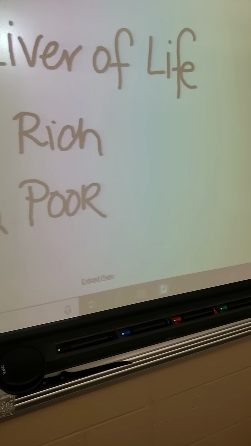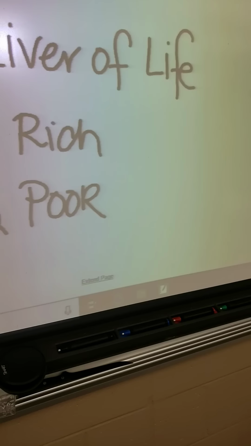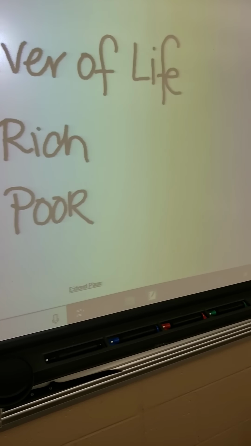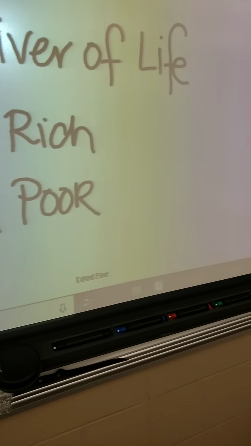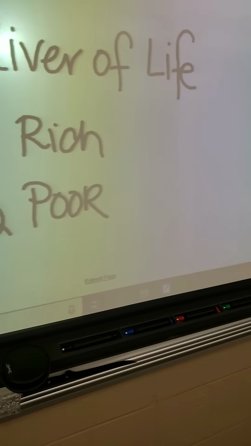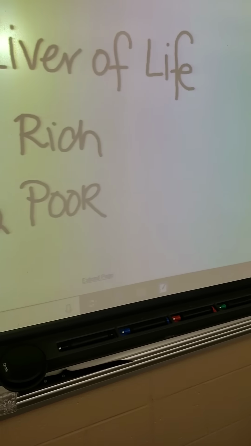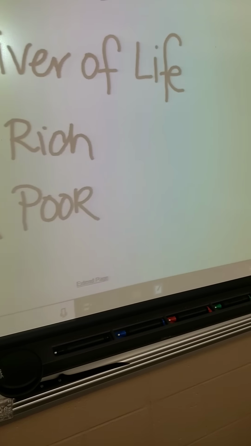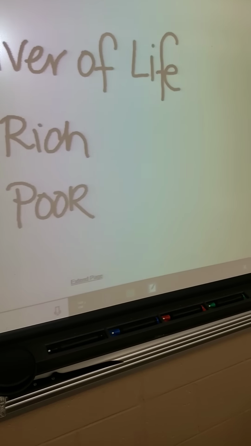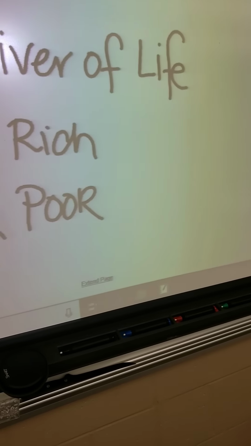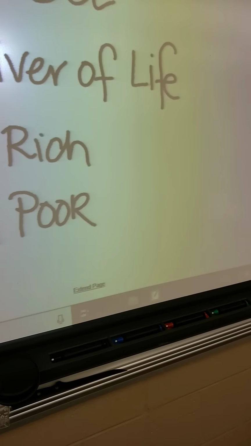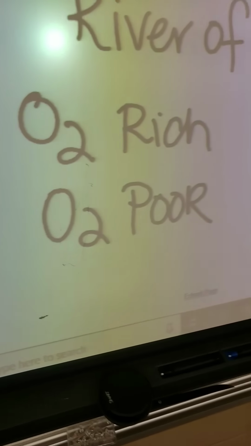So blood is 5 times thicker than water, accounts for about 8% of the human body's weight, has a pH of about 7.3, and a temperature around 100 degrees. The major function of blood is transport. Now we're going to look at the components of blood.